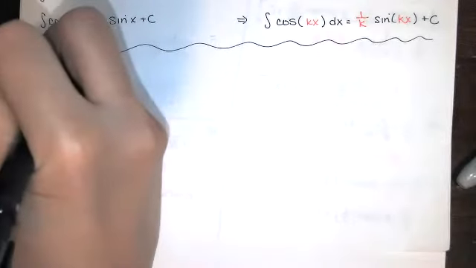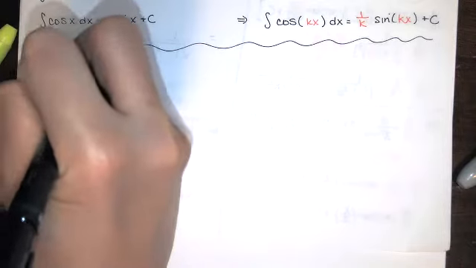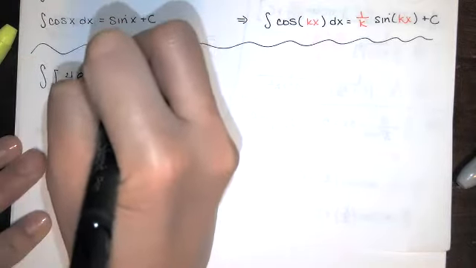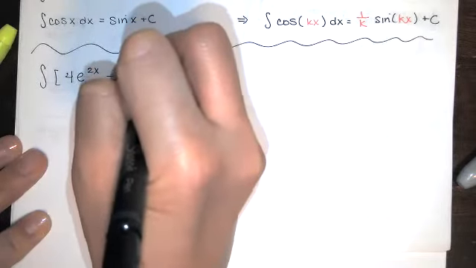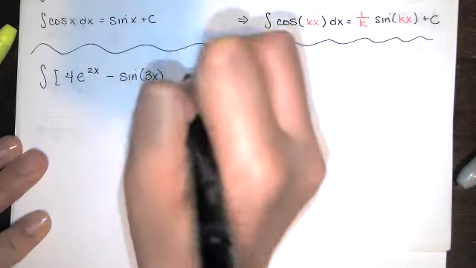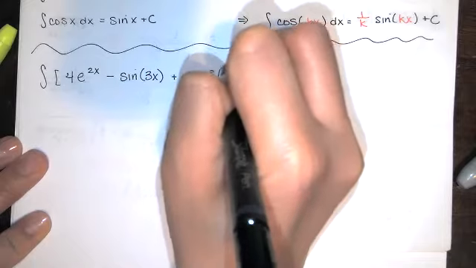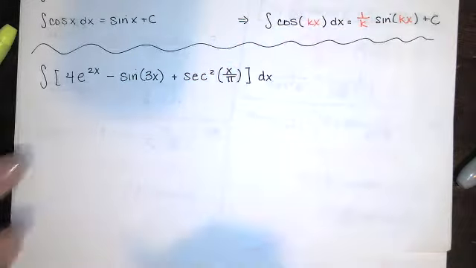Let's say somebody asks you to find the antiderivative of 4 times e to the 2x minus sine of 3x plus secant squared of x over pi dx.